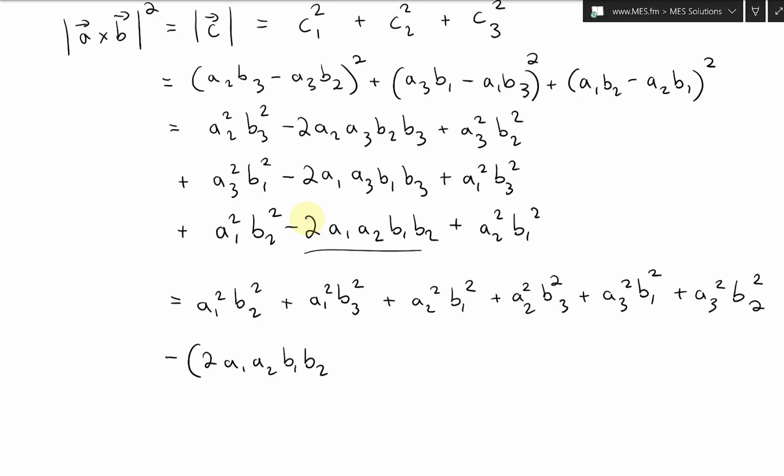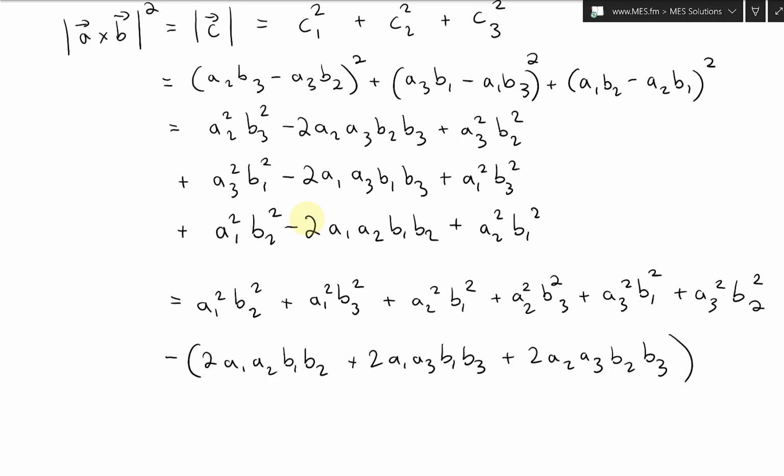And then the next one is plus this one right here, a1, a3, b1, b3. And then the next one is this one right here. This is going to be plus 2, a2, a3, b2, b3.